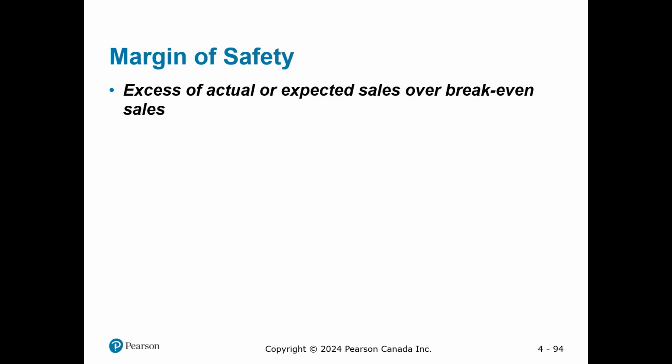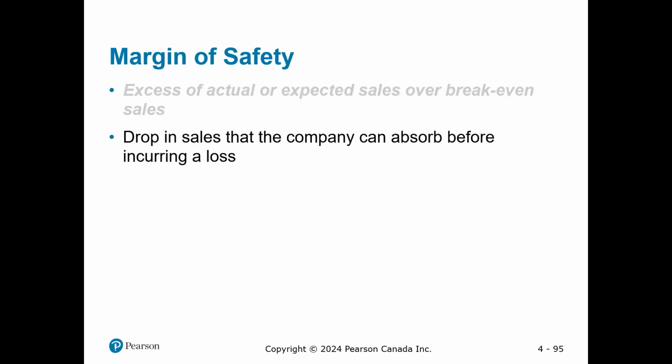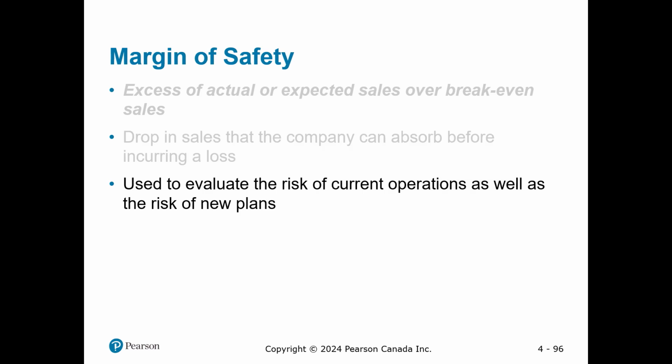Let's look at margin of safety. Remember, excess of actual or expected sales over the break-even sales. This shows us how far sales can fall before the company starts incurring a loss. And we use it really to evaluate how risky the current operations are, as well as how risky maybe a new plan is into the future.